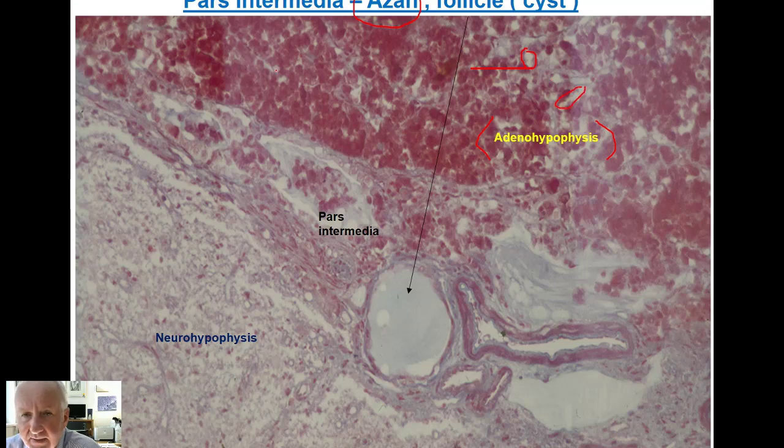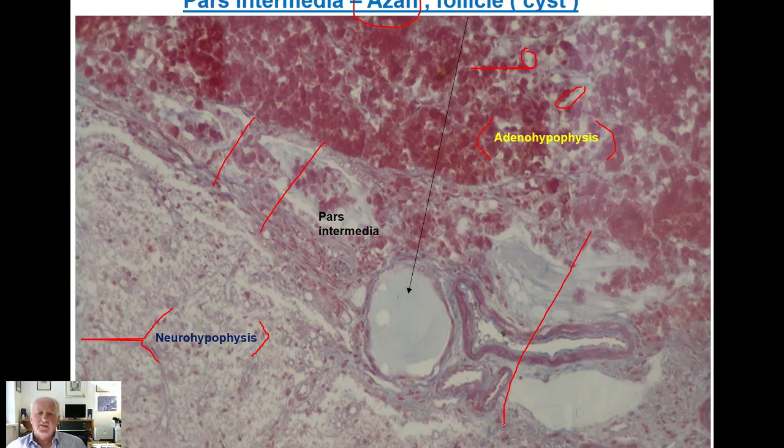And now we have been speaking about the chromophilic and chromophobic cells. And this lighter part, just near to it, is neurohypophysis. And now this part between is pars intermedia. So this is a borderline between these two lobes, between these two important lobes.